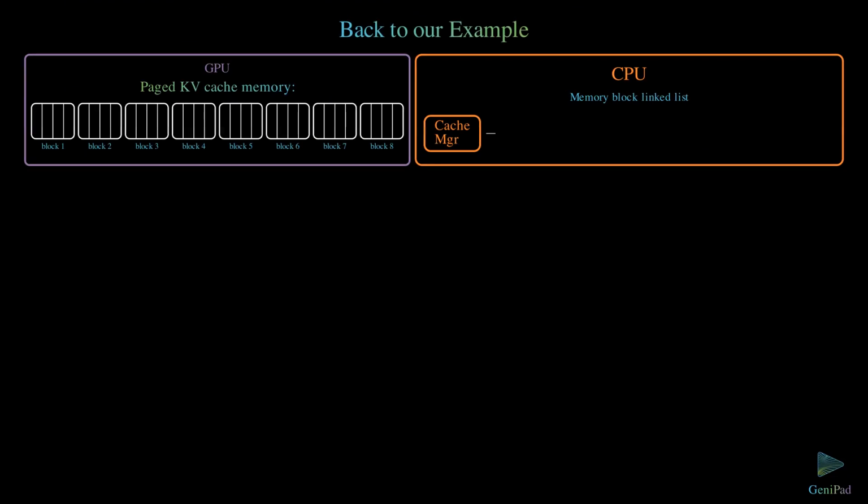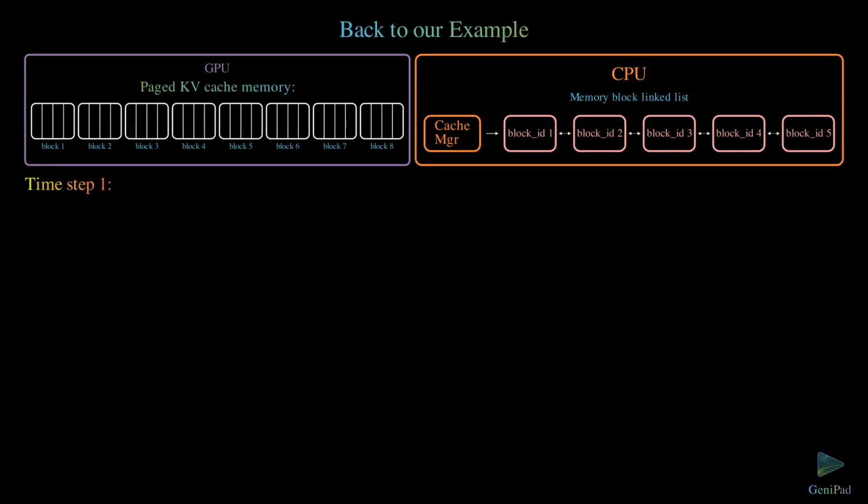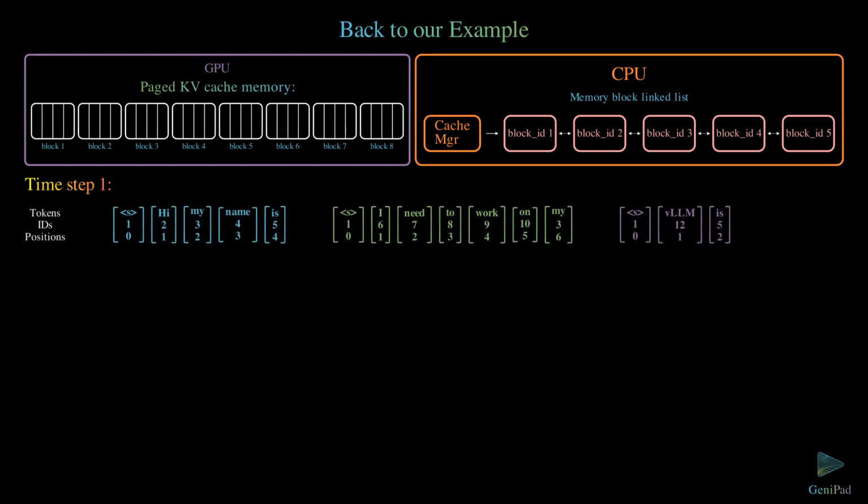Now let's return to our original example, where we have 3 prompts at time step 1. The scheduler determines how many prompts can be processed in this engine step. In this example, assume the GPU has enough space to handle all of them. The first block is assigned to the first 4 tokens of the first prompt.